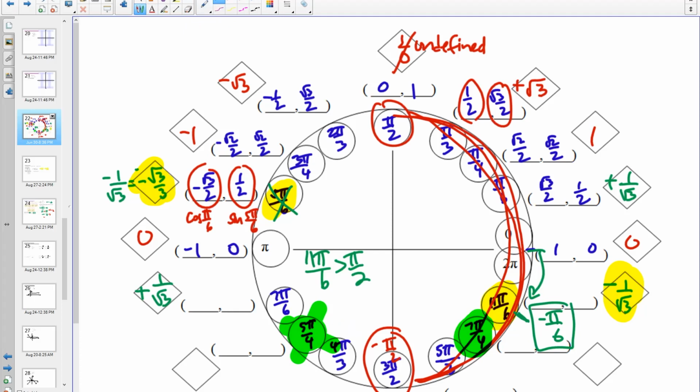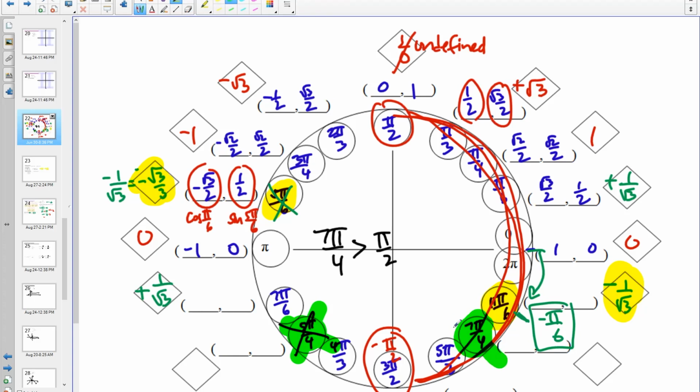Alright, so I'm trying to get my pen back. I'm going to consider the 7 pi over 4, but 7 pi over 4 is actually greater than pi over 2, and I want something less than pi over 2.